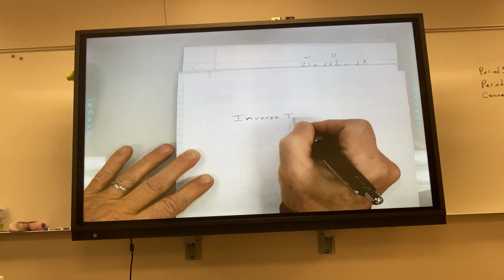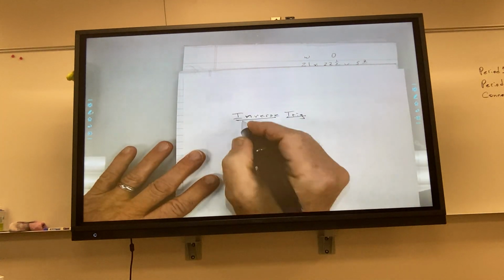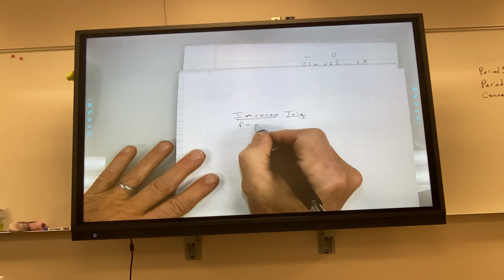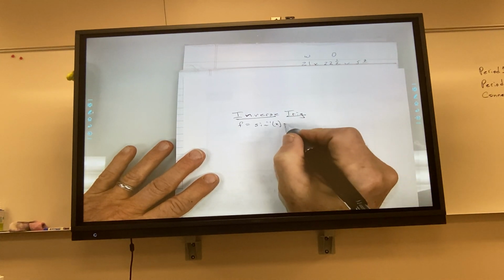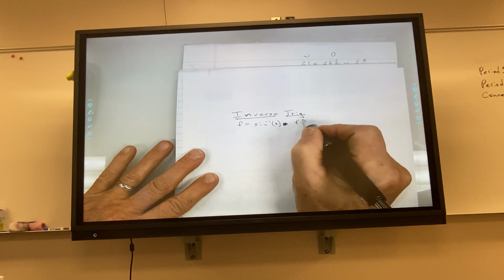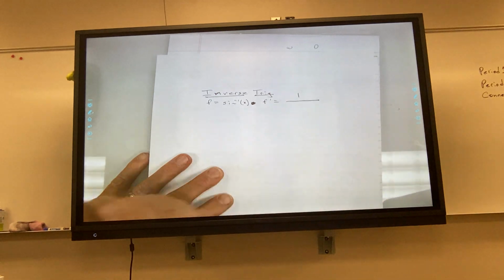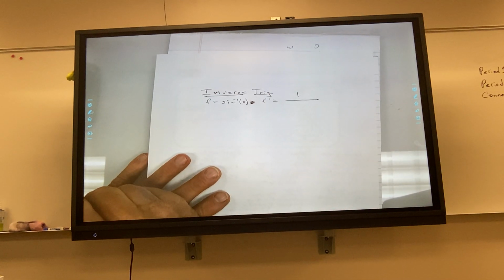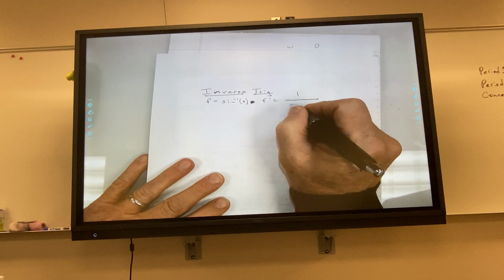This is just what we talked about yesterday and Friday, correct? So f equals the sine inverse of x. f prime is equal to 1 over something. Does it have a square root or not? Yes, it does.